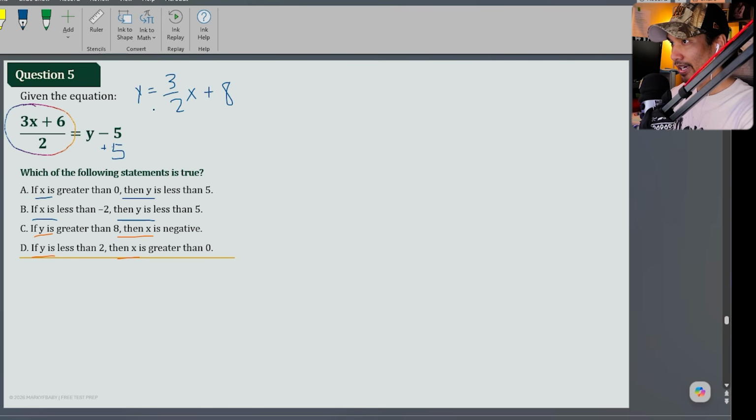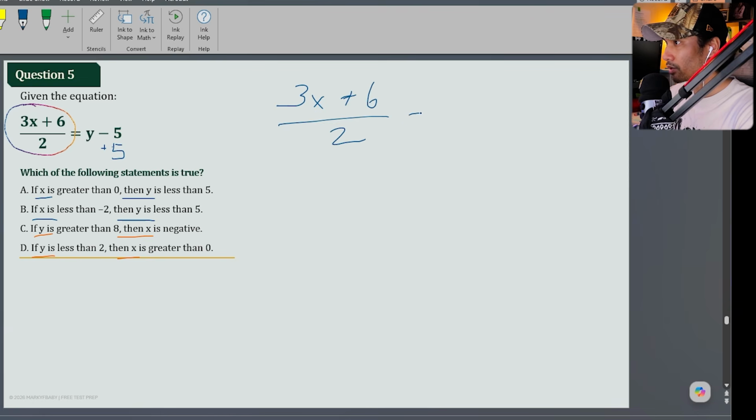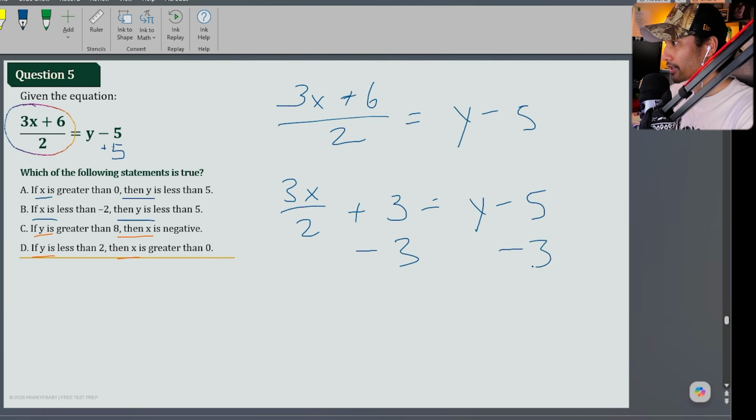Because I can do y equals 3 halves x plus 8, okay? Anyone could do that. That's easy. But let me just see if I could do it in the opposite way. So I have (3x plus 6) over 2 equals y minus 5. Now I want to isolate the x. This is going to give me 3x over 2 plus 3 equals y minus 5, minus 3 on both sides.